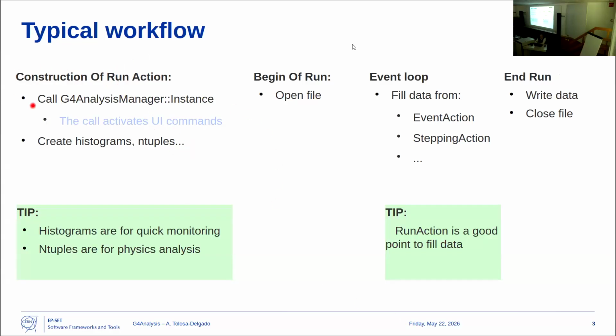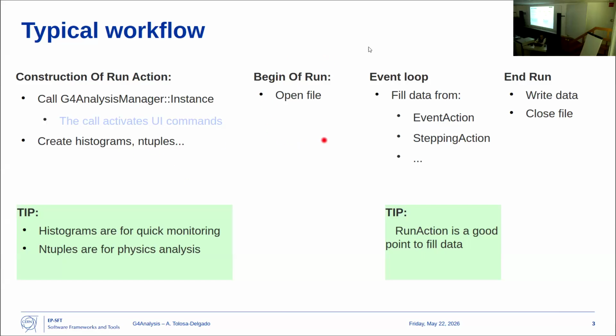When creating the run action, we should call the G4AnalysisManager instance at least. This will already activate the UI commands, and that can be very useful in case you want to, for example, change the output file at some moment using a macro file. And also at the construction, we should create the histograms, tuples, or whatever thing you want to have at the end.